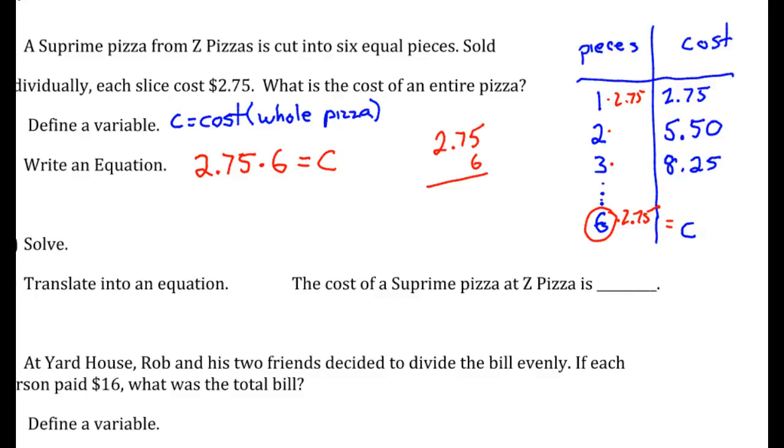That's expensive. What did you get for 2.75 times 6? $16.50 is the cost of a whole pizza. Now, does that more or less make sense?